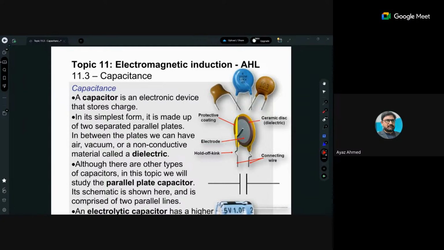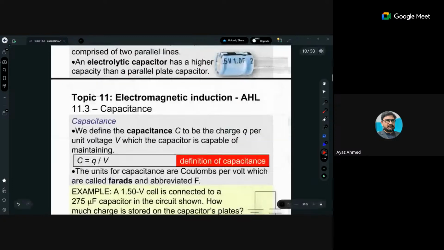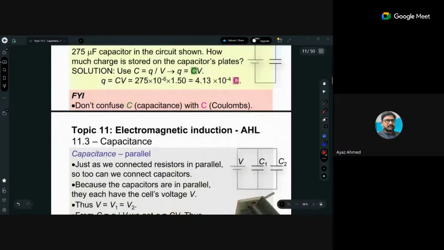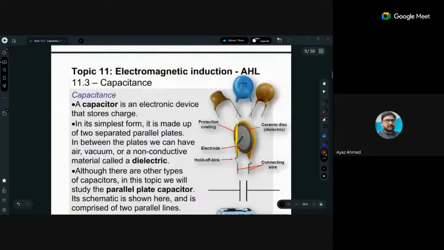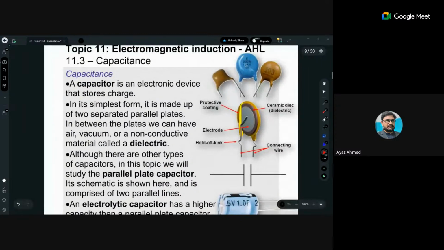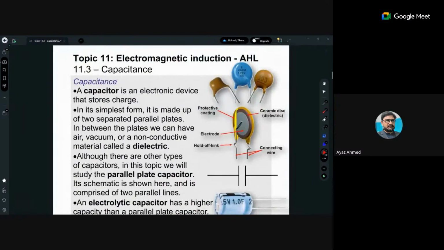When we talked about capacitors, the basic structure of the capacitor was something like that. The capacitor was having two parallel plates. Let me just go through and show you the topic of your 5.3 from here.